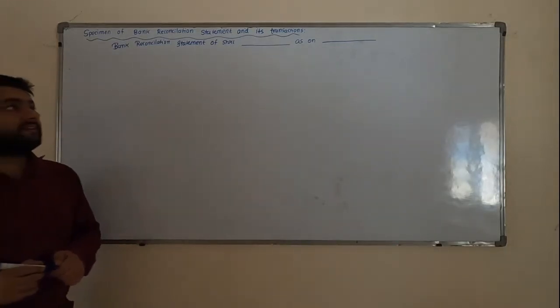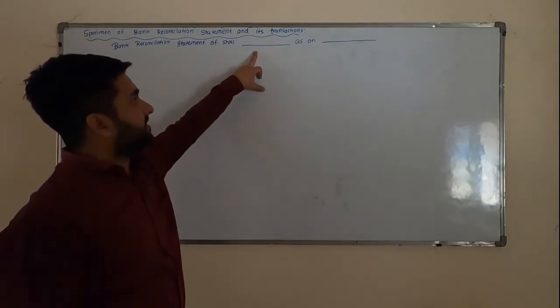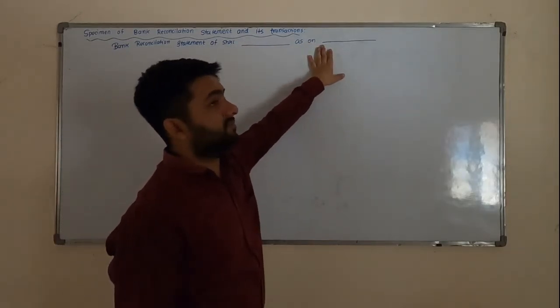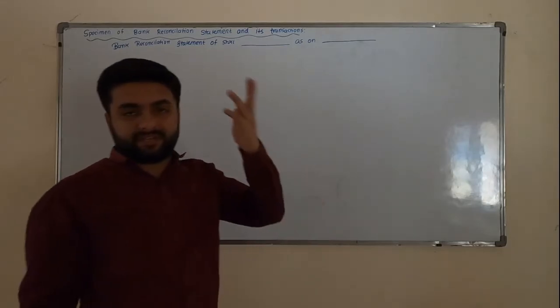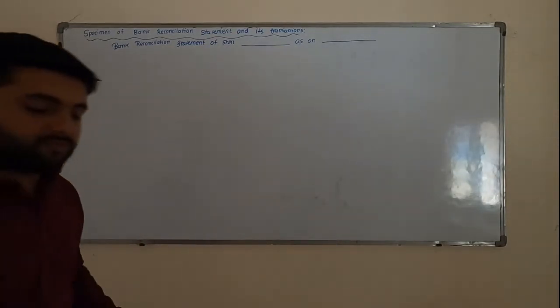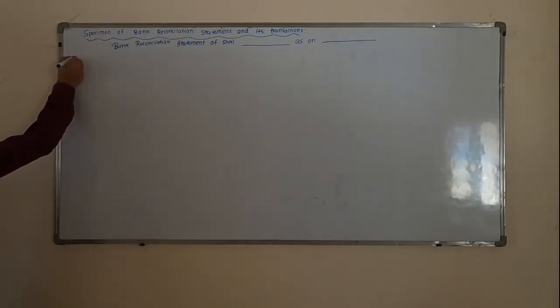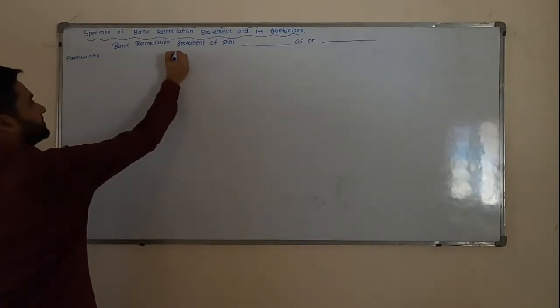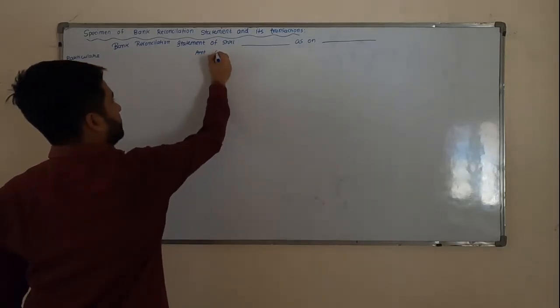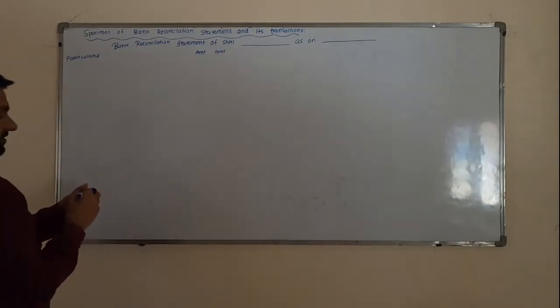Means suppose bank reconciliation statement of Mr. A, then of Shri A, and it is for March month, then as on 31/3/16, 17, 18, 19, 20. Okay, now which are the columns to be prepared? Particulars and two amount columns we have to keep.